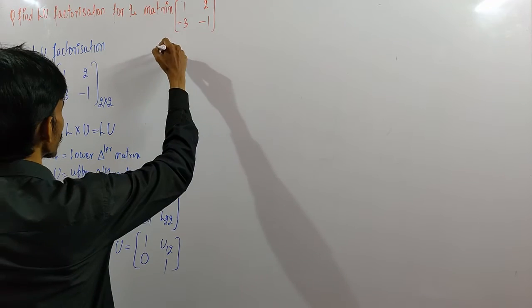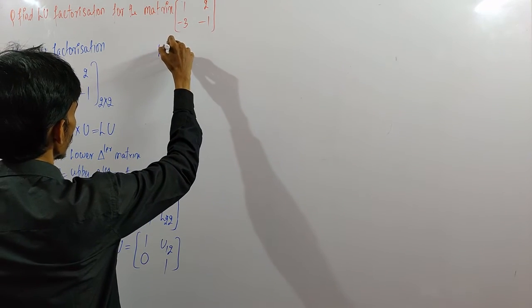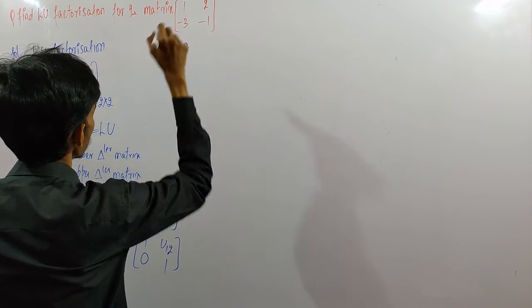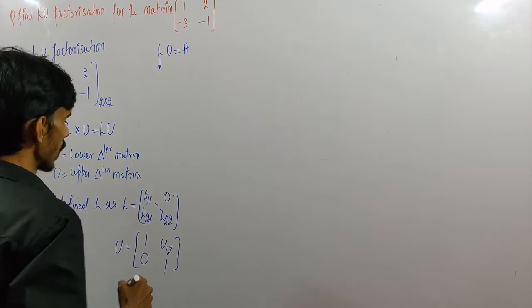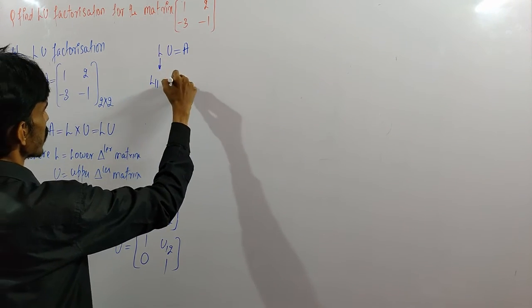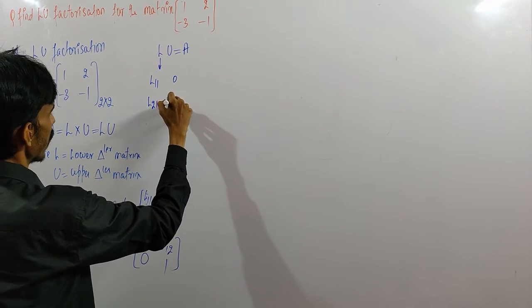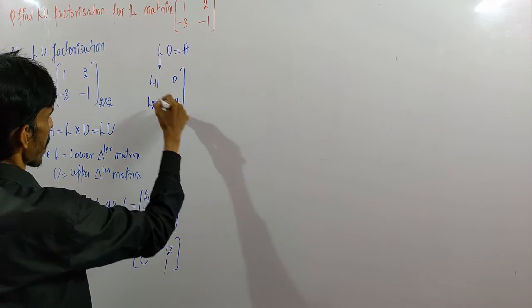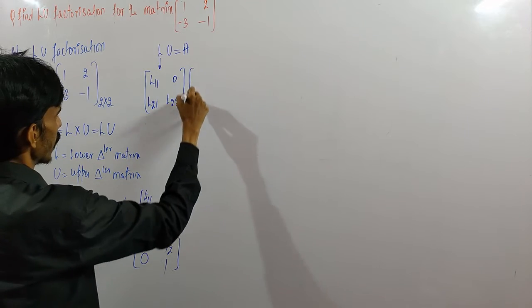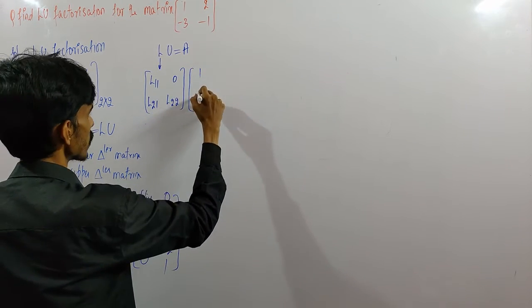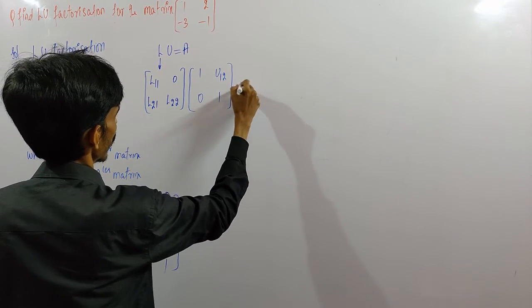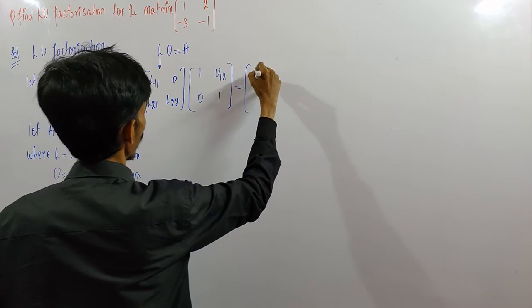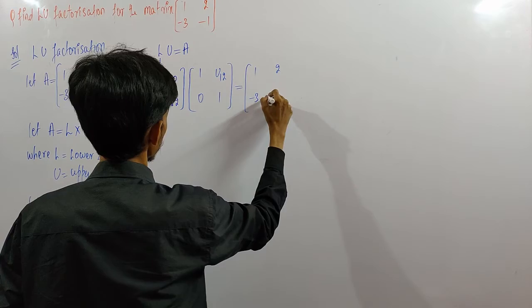Now given A is equal to LU. L value we have L11 0, L21 L22 into 1 0 U12 1, equals A, 1 2 minus 3 minus 1.